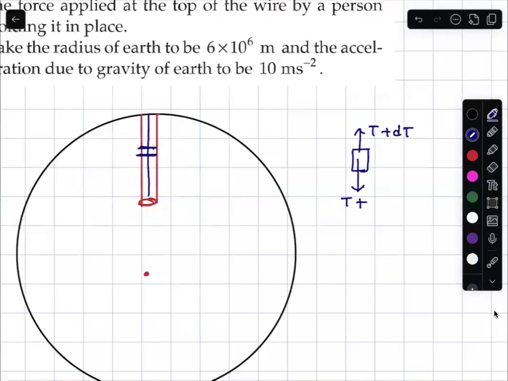Please help me in writing the weight of that element. The mass of that element, let this be dr, which is at a distance r. Okay. So what is going to be the weight of this element?